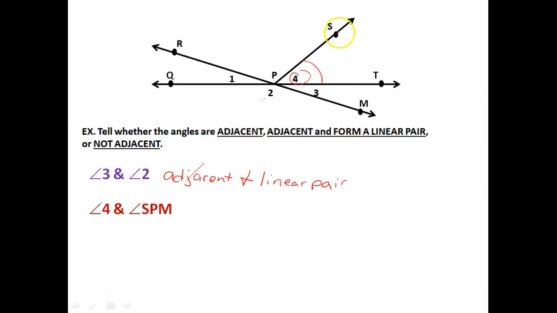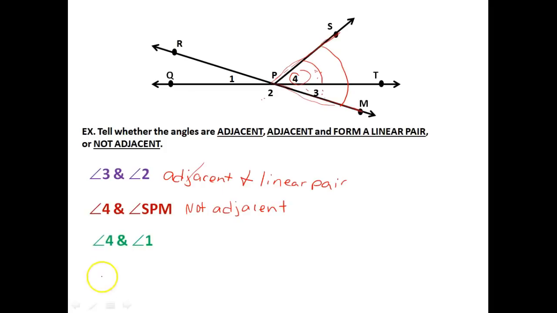And then they have angle SPM. So angle 4 and this angle. Alright guys, this is usually a tricky question in class. A lot of people want to say that these are adjacent, but they are not. They don't share a side. Angle 4 is actually inside of angle SPM, and so they are not adjacent. And of course, since they're not adjacent, they do not form a linear pair.